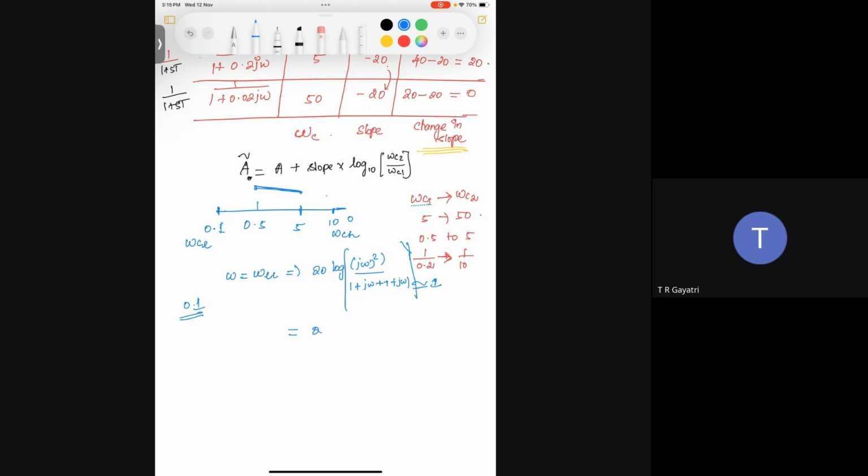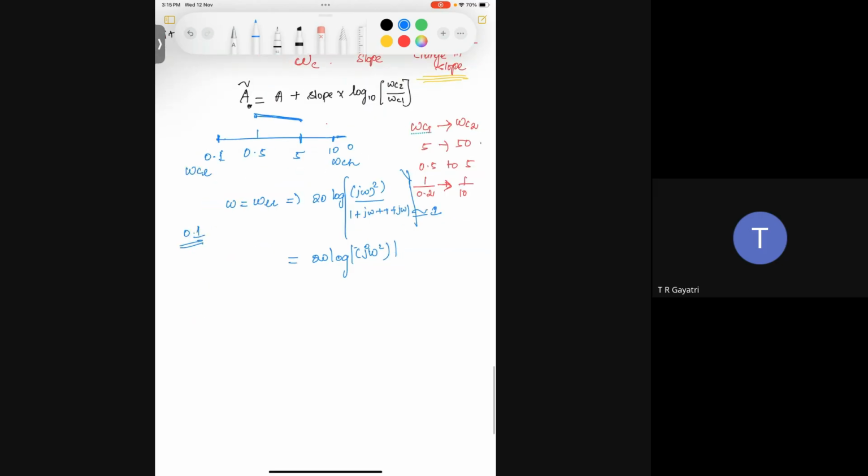So I'm going to approximate this and take only the numerator, (j omega) squared. What will this give me? 20 log of omega squared, 20 log of 0.1 squared, 20 log of 0.01.